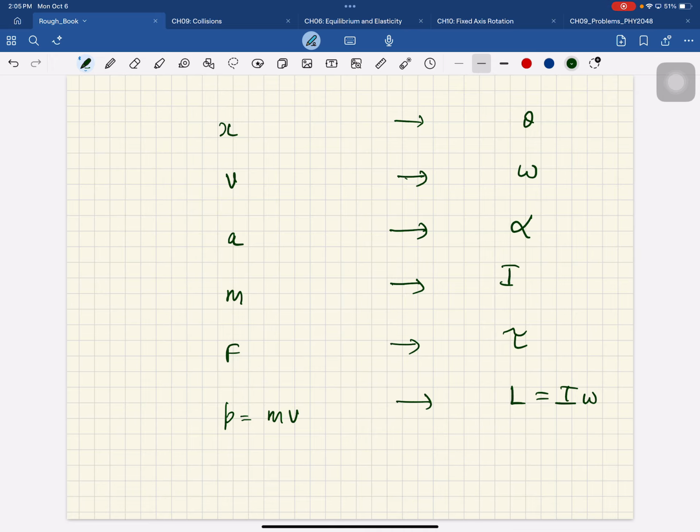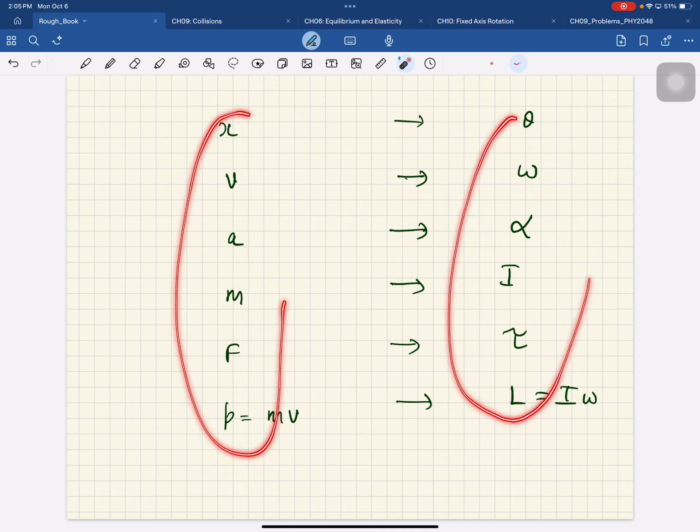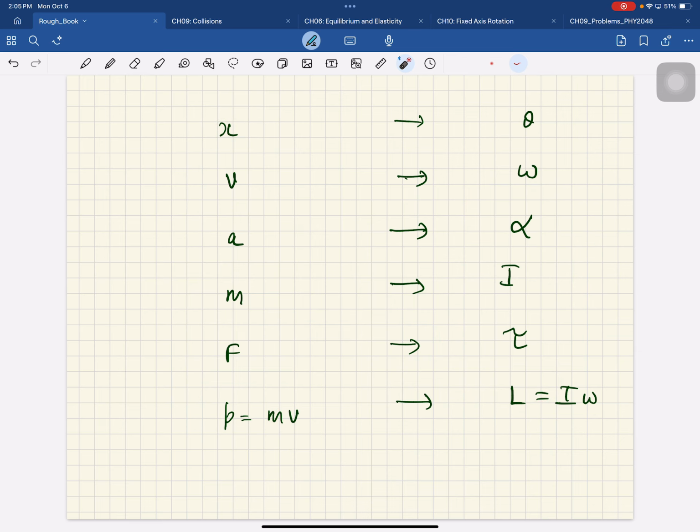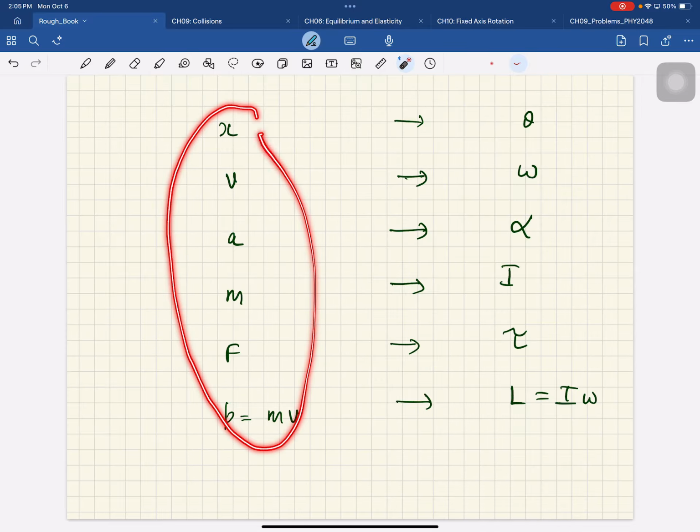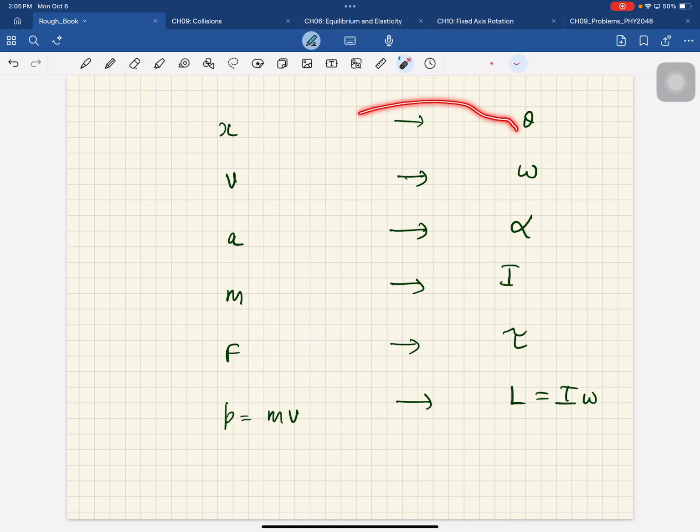So if you do this replacement, you'll get the corresponding equations. Every equation that you learned in the first 9 chapters, you do this replacement and you get the corresponding equations for rotational motion.